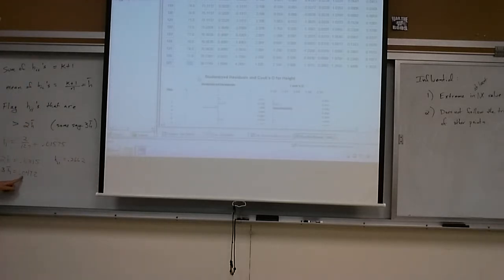So we're going to get concerned if it gets above 2 H bar, real concerned if it gets above this, and he's way beyond that. He's 6 times that big. Right? So very, very big leverage value for that person. Okay, so that's the first measure, a leverage value or a hat value.